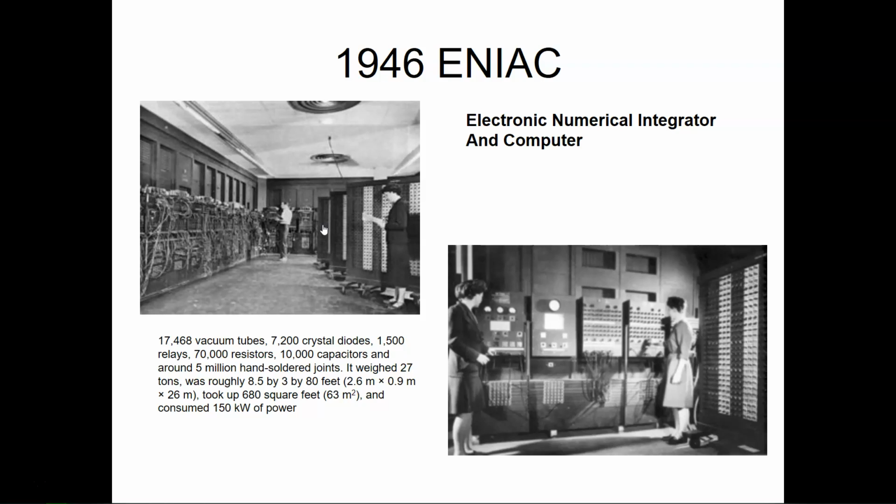Took up 680 square feet of space and consumed 150 kilowatts of power. To put that in perspective, it's about the size of a small home. And all it did was calculate math. Okay? So take a look at your calculator if you've got one, or your smartphone, and this is where all that started.